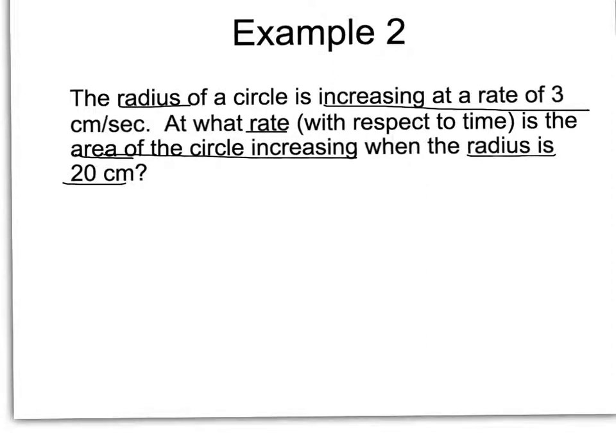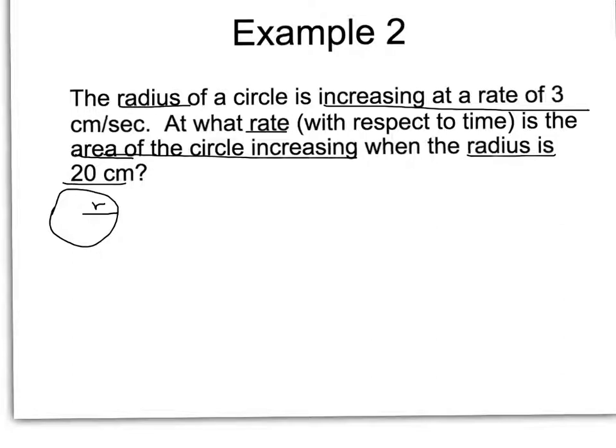I like to start with drawing some kind of picture. So we've got the radius of a circle, and we label it with the correct variables that we're going to be using. Then let's use the picture and the problem to write an equation that relates the variables.